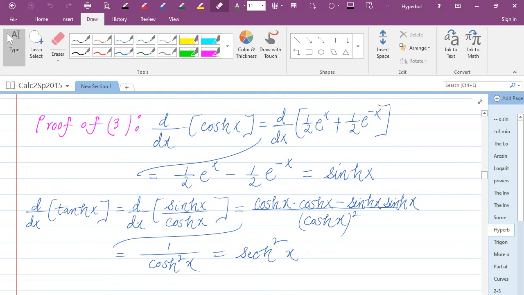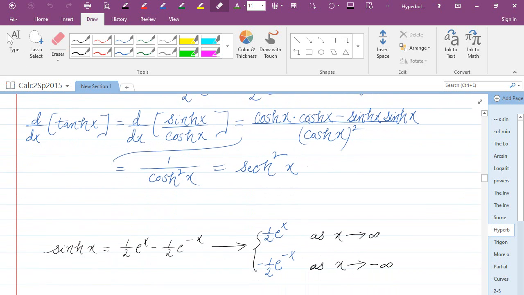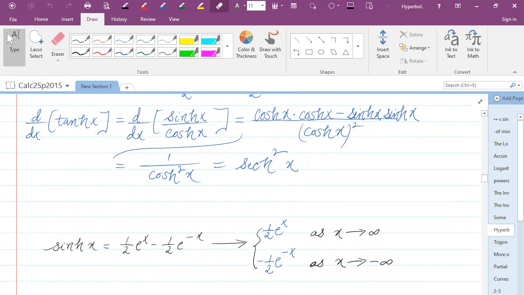Now I'm going to assume that the derivative of hyperbolic sine is hyperbolic cosine. That's number 1. And now here, how do I derive the derivative of hyperbolic tangent of x? Well, hyperbolic tangent of x is hyperbolic sine of x divided by hyperbolic cosine of x. So now I just apply the quotient rule.